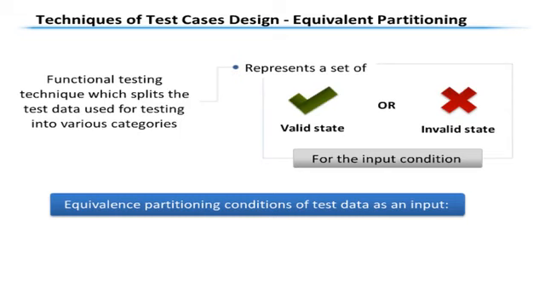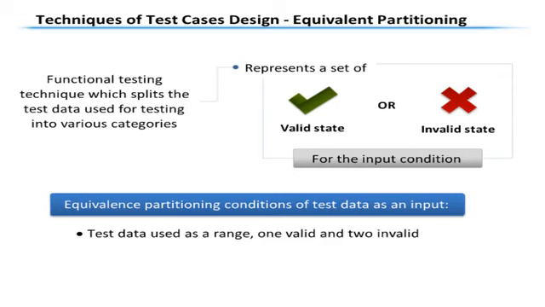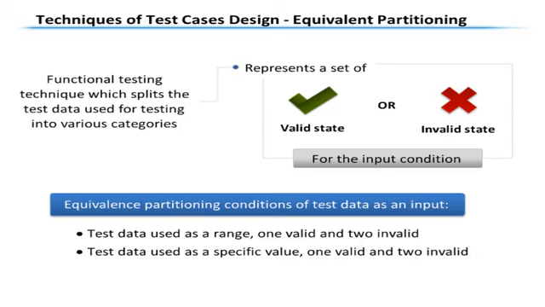The various scenarios of this technique are the test data used as a range, 1 valid and 2 invalid, for example, an age group for school admission, or the test data used as a specific value, 1 valid and 2 invalid, for example, a student ID for school.